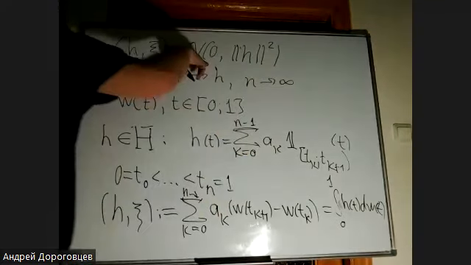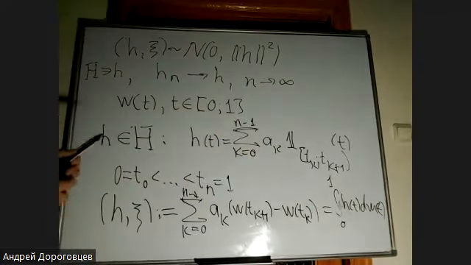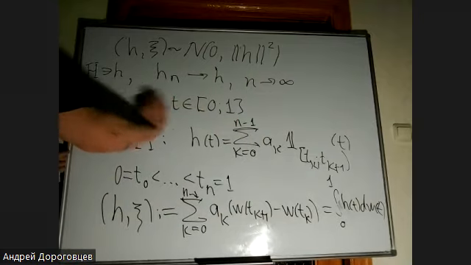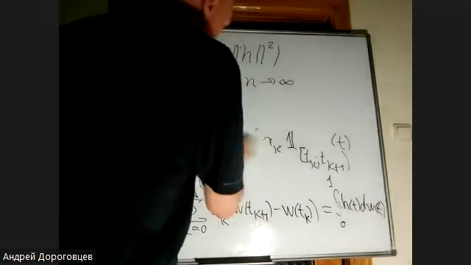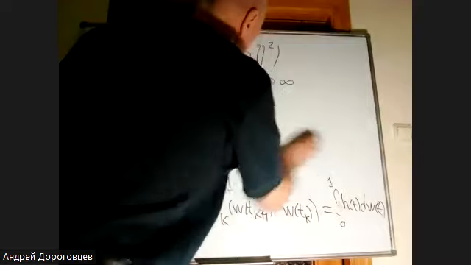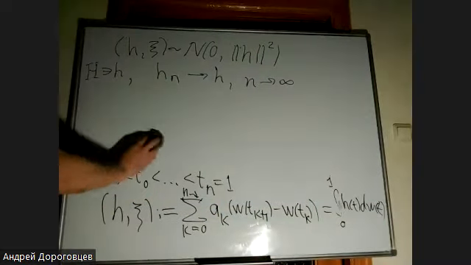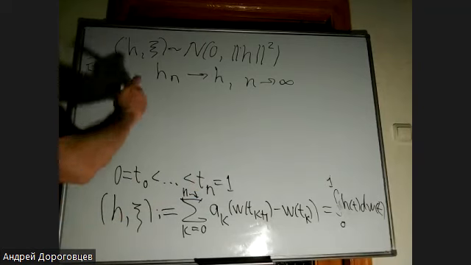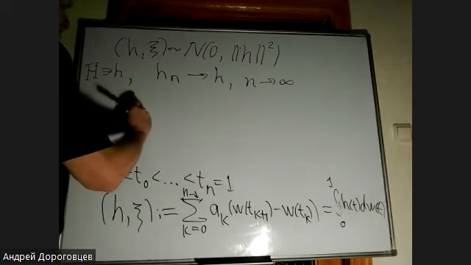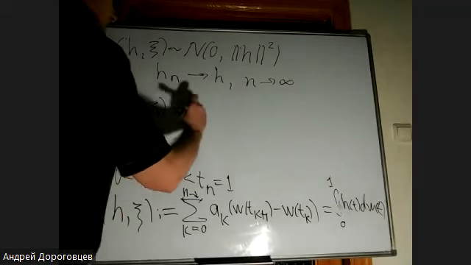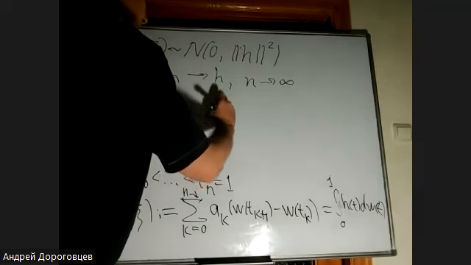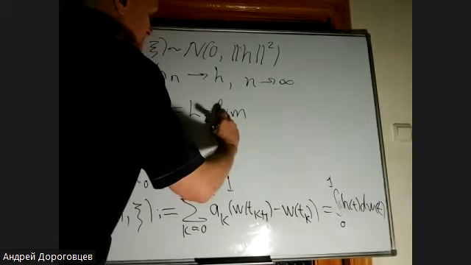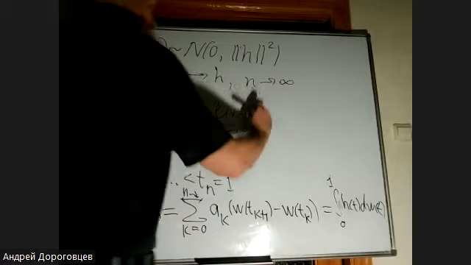Then, due to this property, we have a limit of (h_n, psi), and one can define (h, psi) as the L2 limit of (h_n, psi).